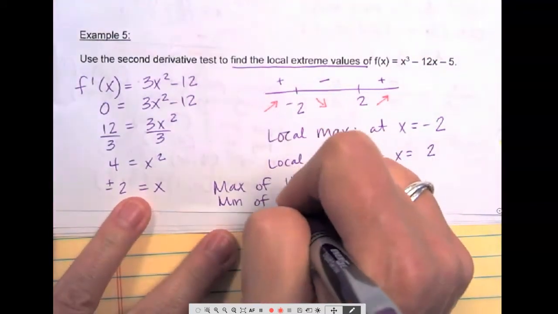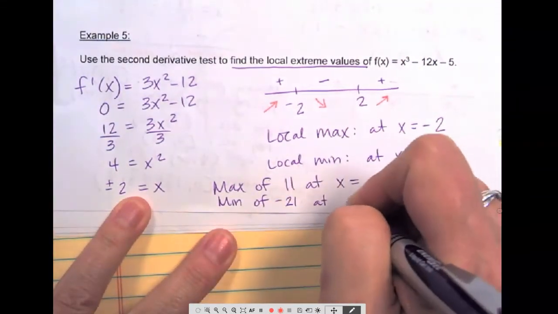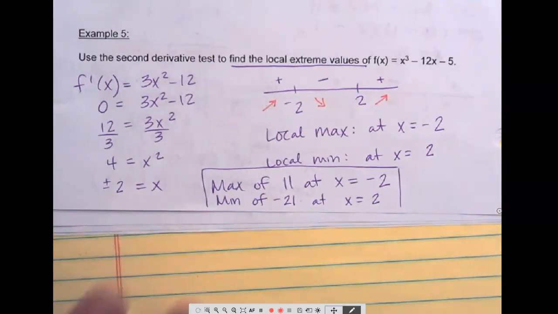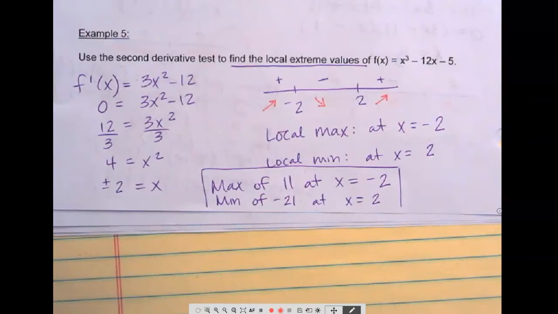Negative 21 at x equals 2. Okay, now I've answered the question in full. All this stuff isn't easy concepts, it's just that there's so much. I know. It's so much algebra.